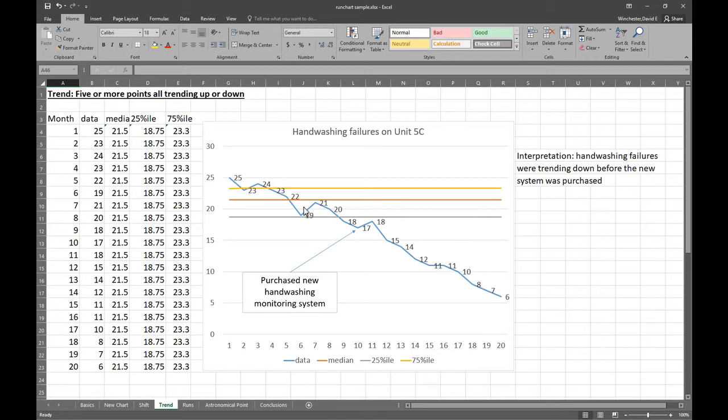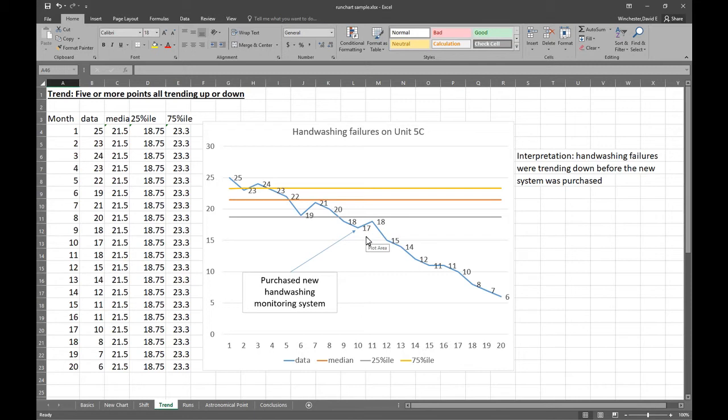And so I think it's pretty obvious, but if you look at this trend overall, that it's going down from the get-go. So 25 down to 17, just within the baseline 10 observations. That might be because people were taking it to heart that they needed to wash their hands better.